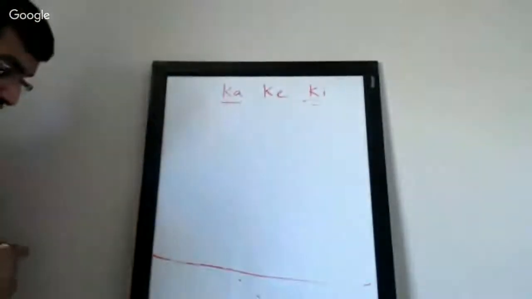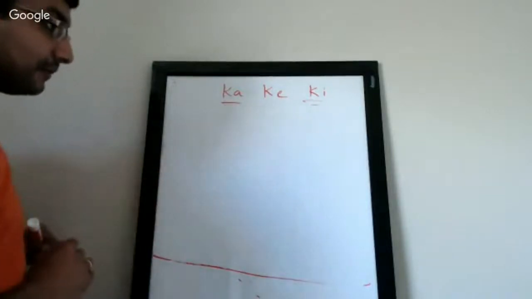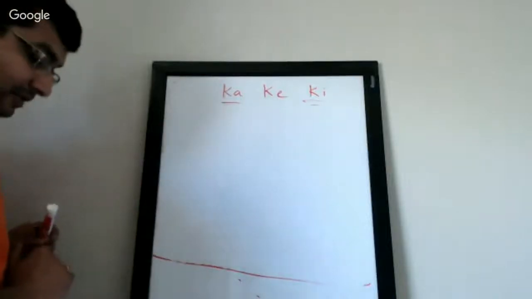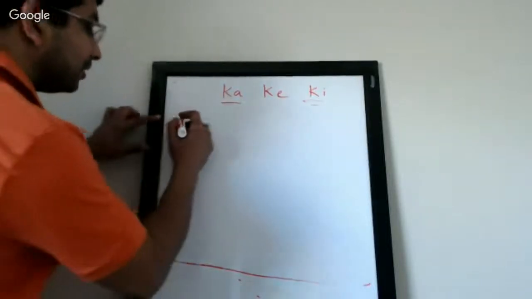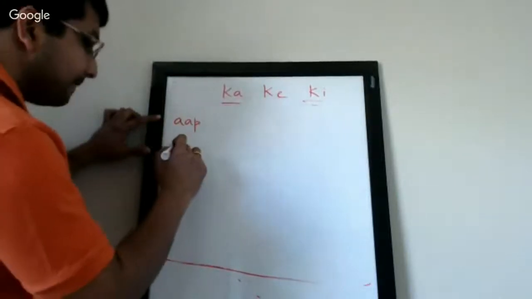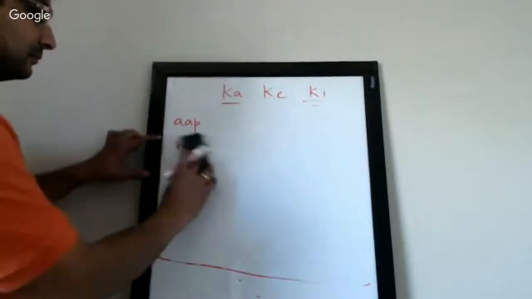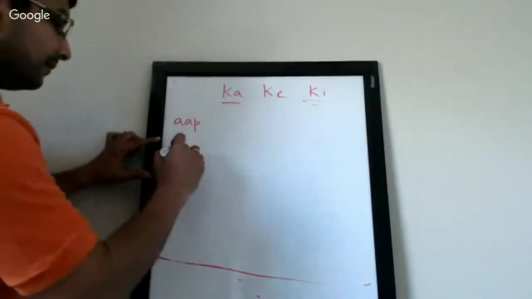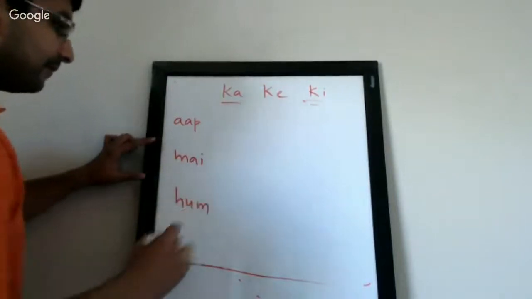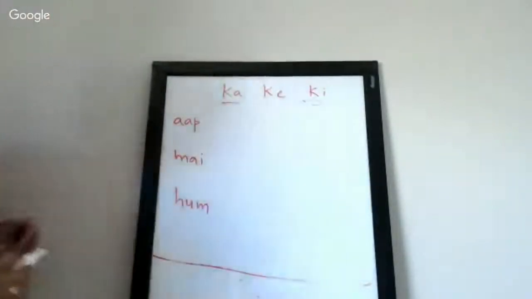Ka and Ki, right? As always, because there are three of them, I'm going to cover them together, and I'll probably not write all of them on one screen. So we'll do aap, main, and then you have hum, and then you have ka, ke, and ki.